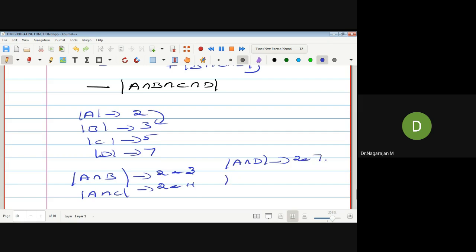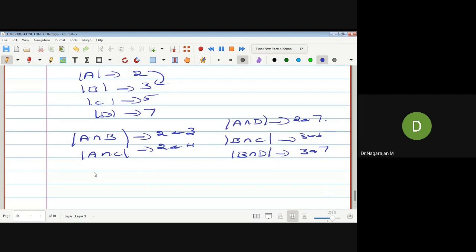And also the second way, B intersection C means divisible by 3 and 5. B intersection D means divisible by 3 and 7. Last one in the combination of two concept, C intersection D is divisible by 5 and 7. Similarly, we can define the three-set concept.